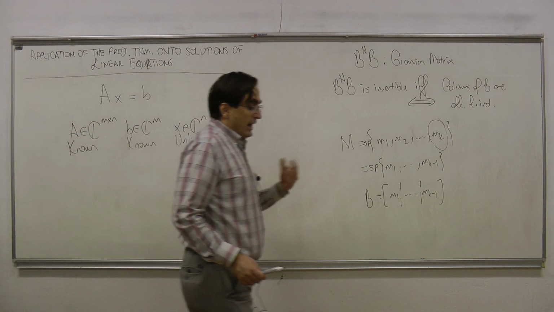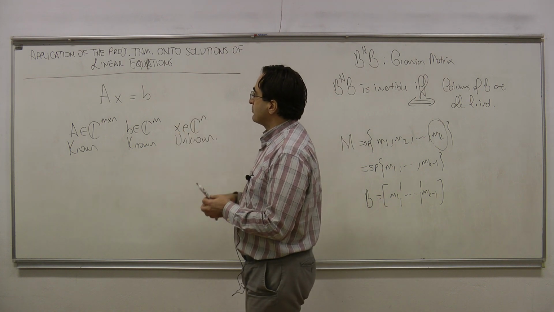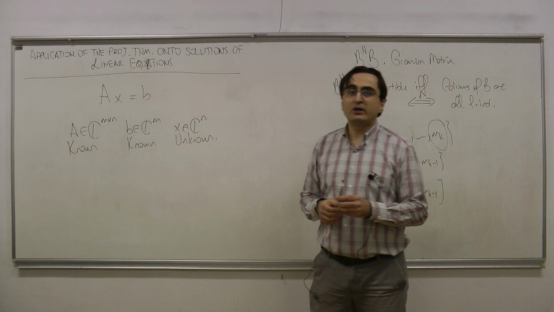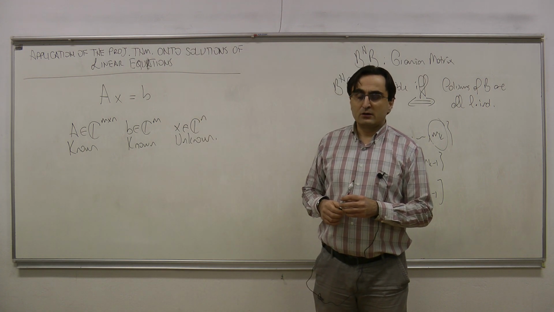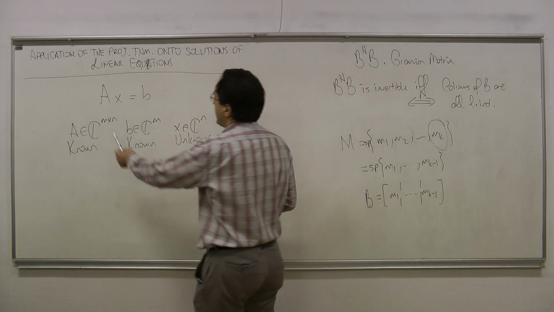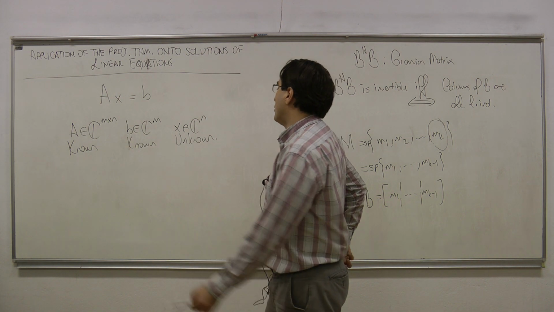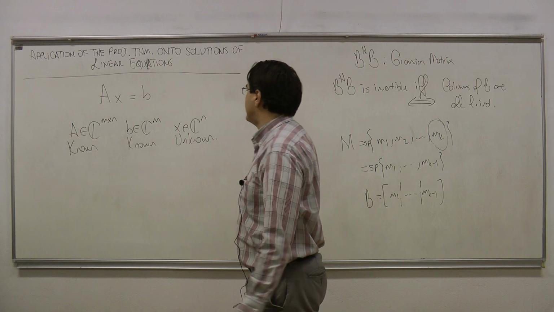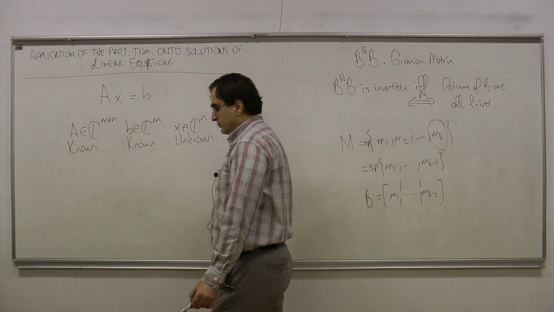And if you are working on computational electromagnetics, you are again solving this type of equation with a lot of different variables in x. When you have an A matrix or an x vector with millions of variables, the solution of such an equation would be really problematic.